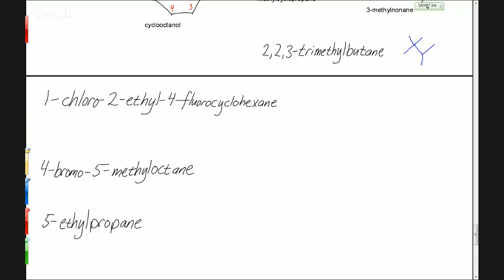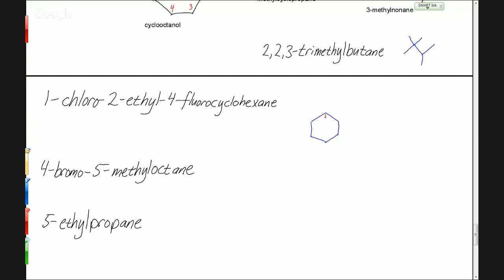All right, then we've got 1-chloro, 2-ethyl, 4-fluorocyclohexane. Again, we're going to start at the end of the word, so we get the main structure first, which is the cyclohexane. There's cyclohexane. Since we got a lot of stuff at different numbers, we could just number this.